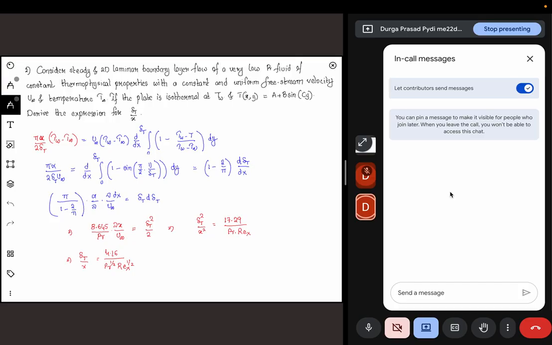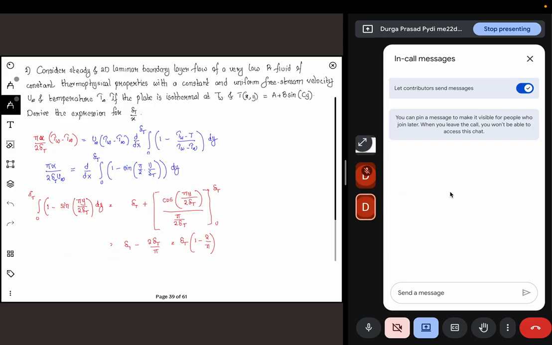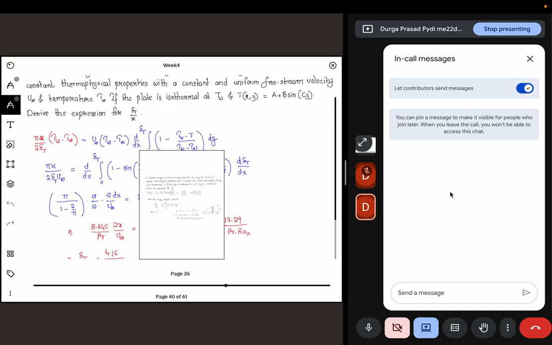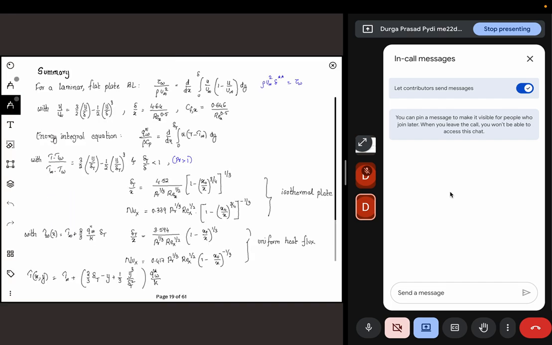The numerator was also more or less close to the same that we have obtained before. If you see the previous one, see, the numerator is more or less the same.